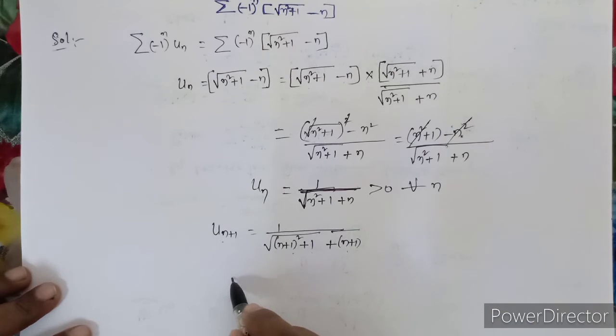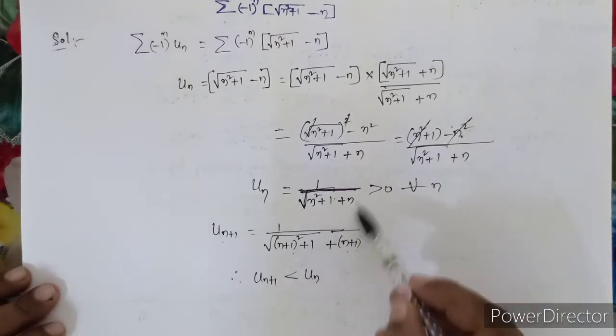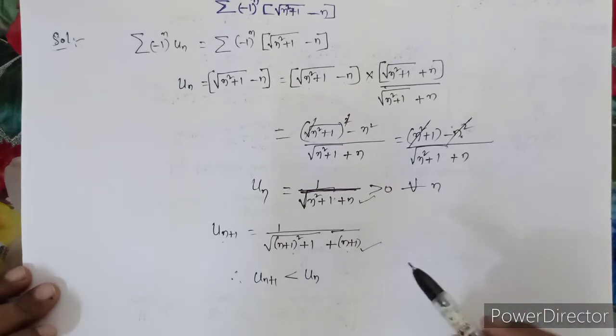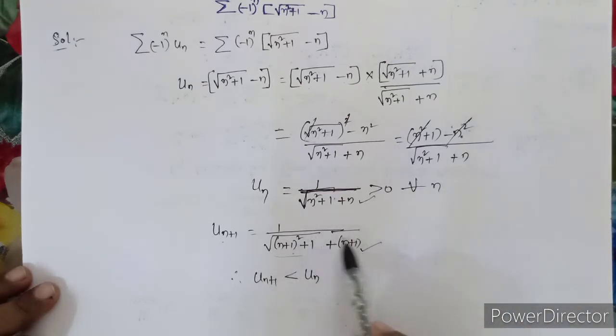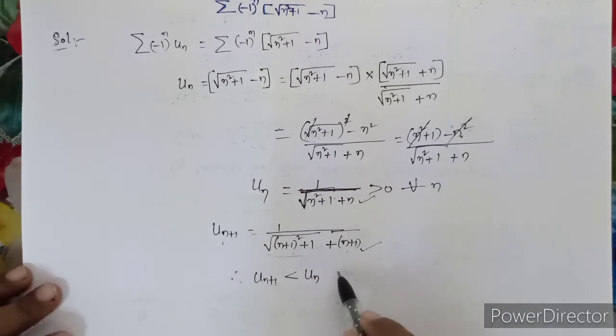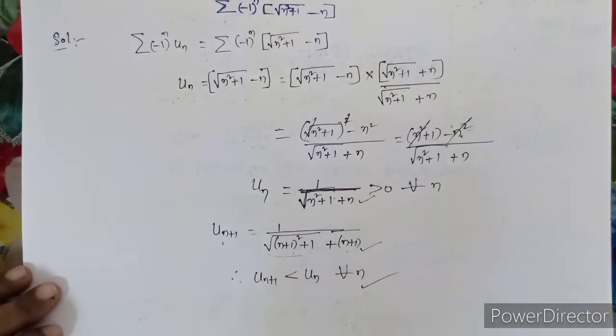Comparing these two denominators, the denominator of u_(n+1) is greater, so u_(n+1) is less than u_n for all n. Therefore each term is numerically less than its preceding term. The first condition of Leibniz test is satisfied.